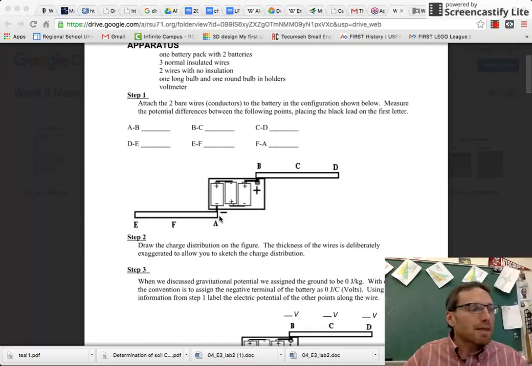Now, my thinking was, there must be some potential drop. I'm just not measuring it. I may need to measure in millivolts or something. But I didn't do that, and I should have.